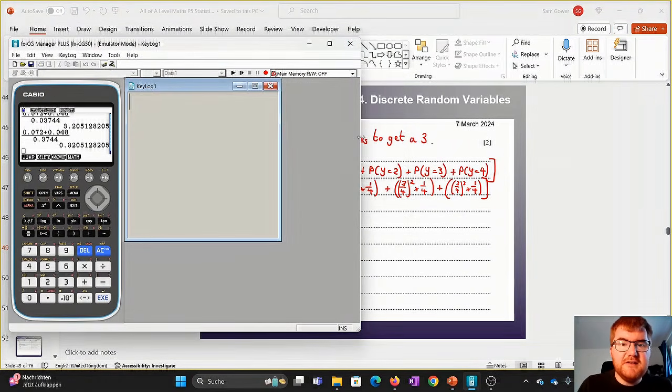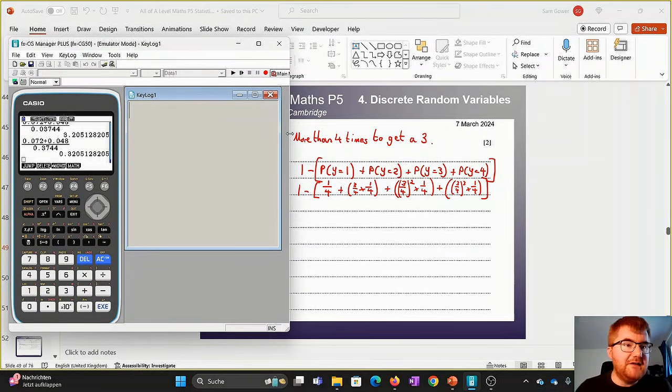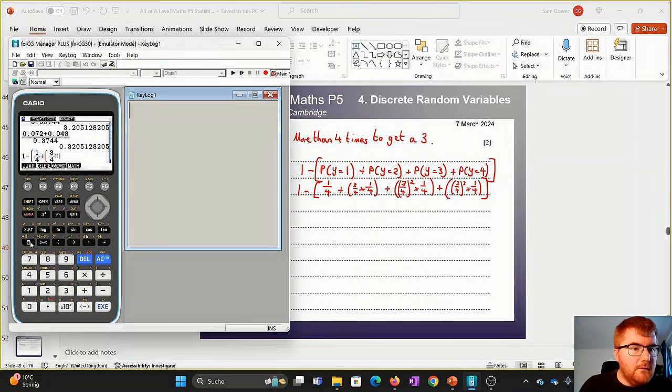The key thing with this is just to make sure we're nice and careful as we type this in. So 1 minus, open our bracket. First of all, we have 1/4 plus 3/4 times 1/4. The calculator is helpful, giving you different coloured brackets so you know you haven't used too many brackets.